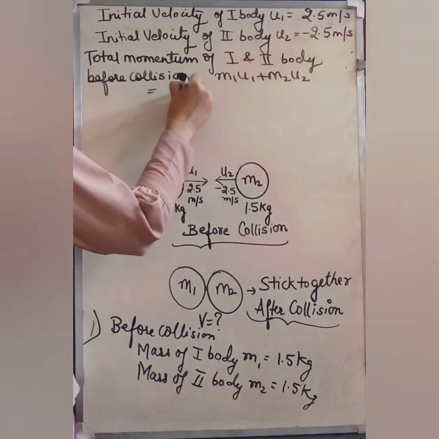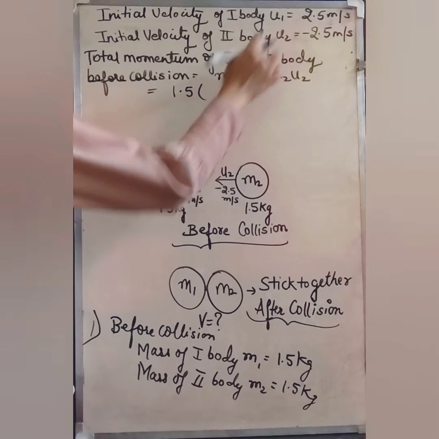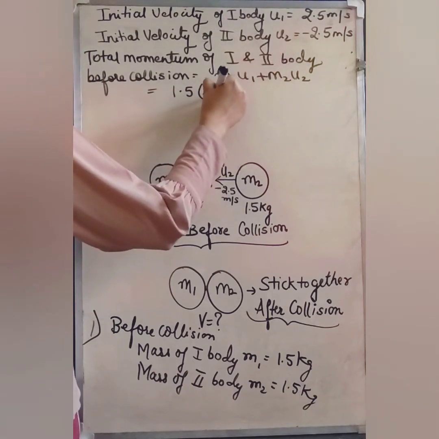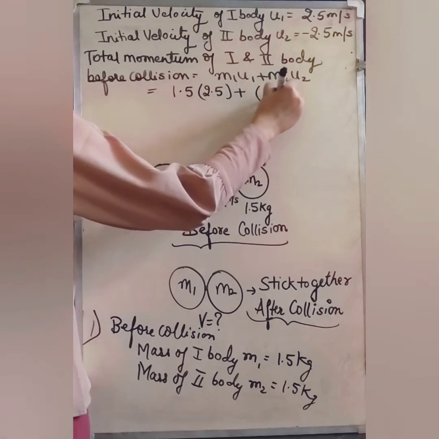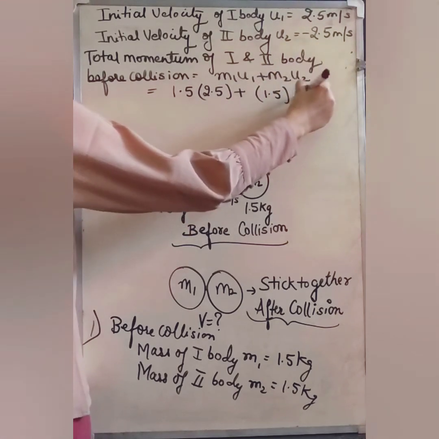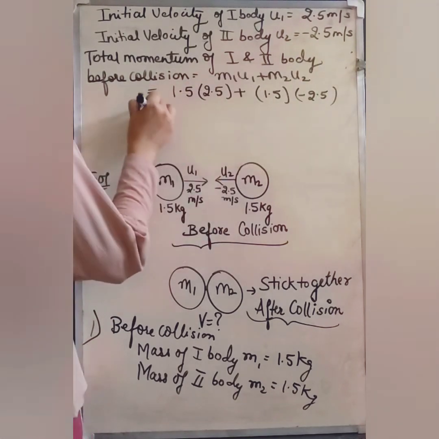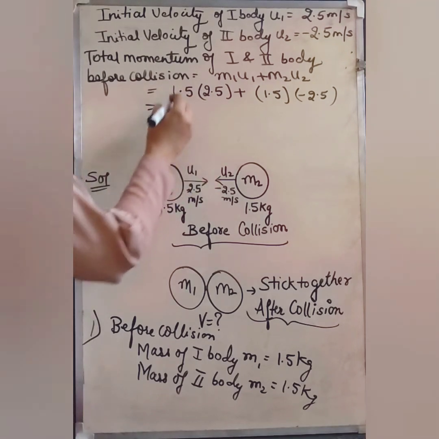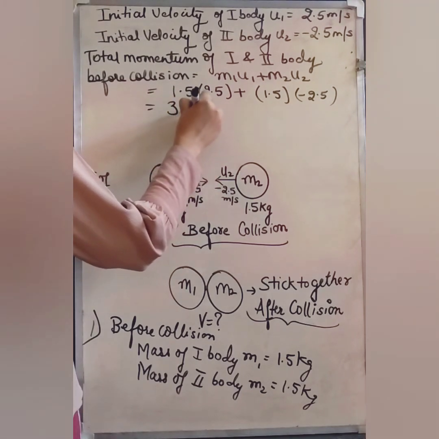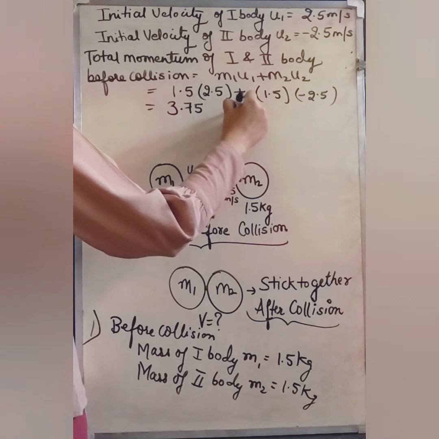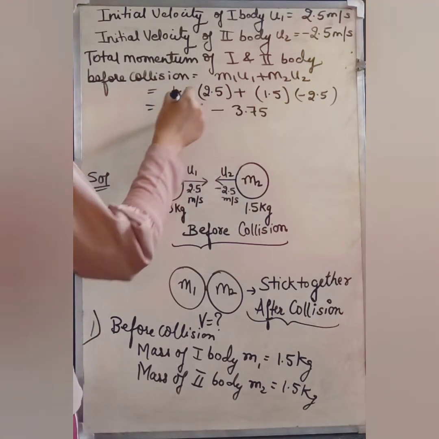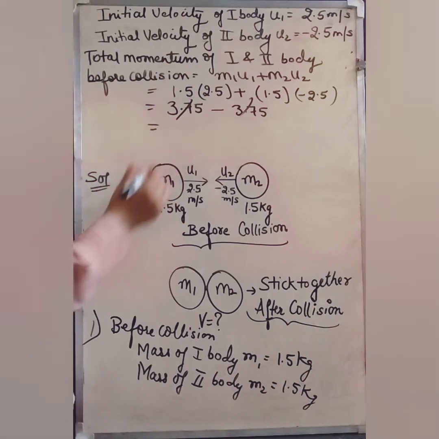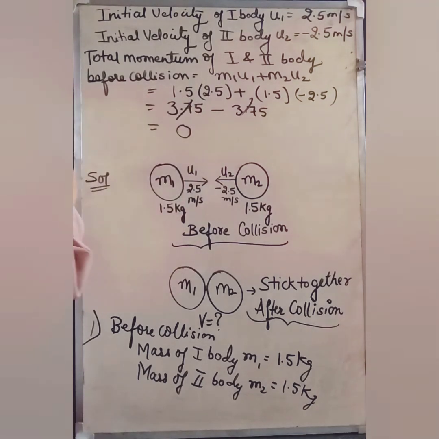M1 is 1.5, U1 is 2.5, plus M2 is again 1.5 and U2 is minus 2.5. 1.5 into 2.5 will be 3.75 and this will also be 3.75, plus minus will give you minus. So same quantities, they will cancel out each other and total momentum before collision is 0.